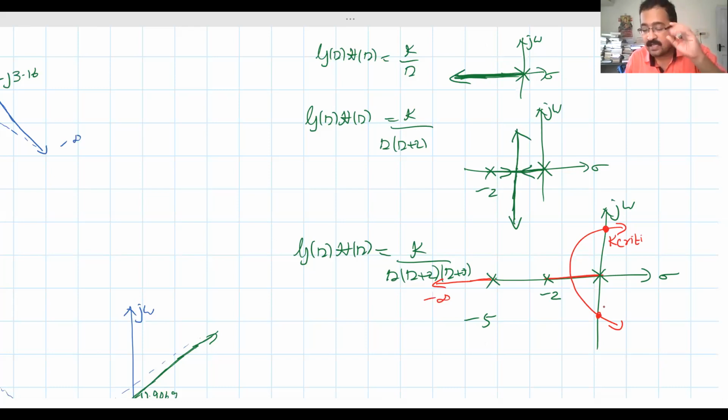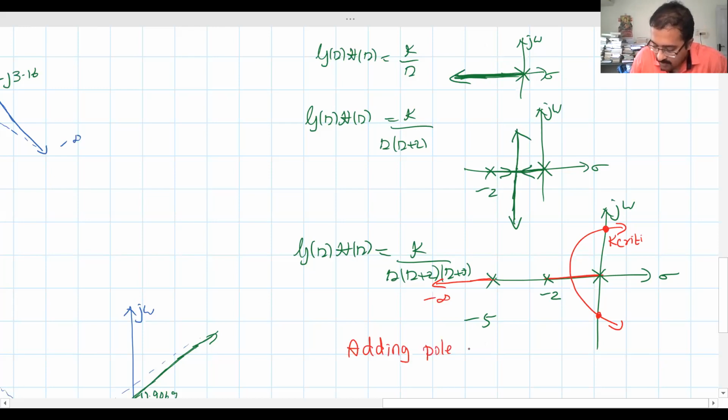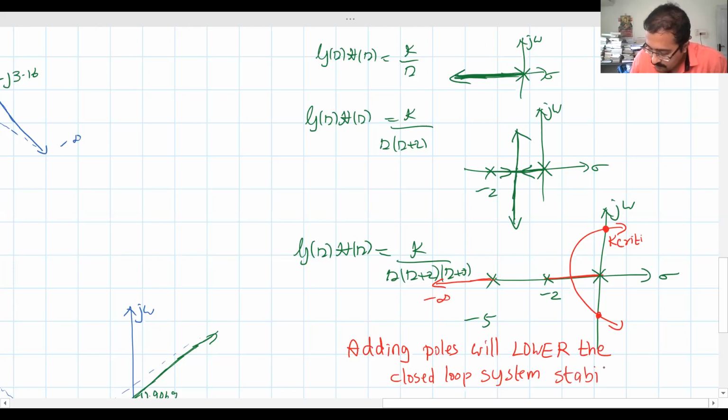You can apply only a limited value of gain K. So the conclusion is that adding poles will lower the closed loop system stability. Why? Because the root locus is being pulled to the right half of the s-plane.